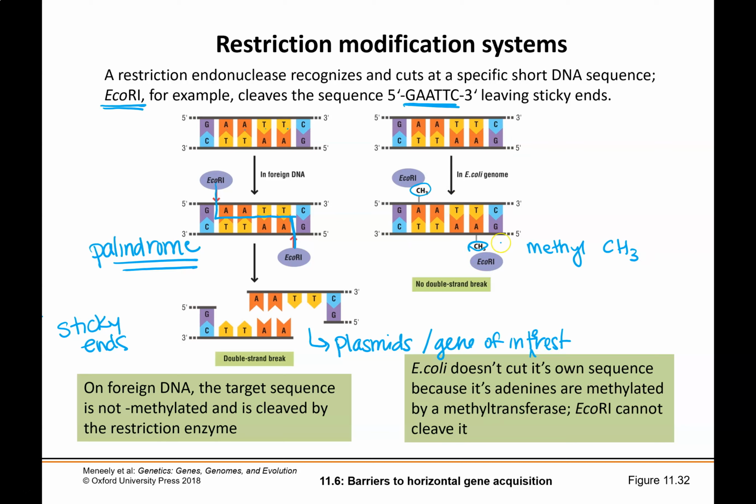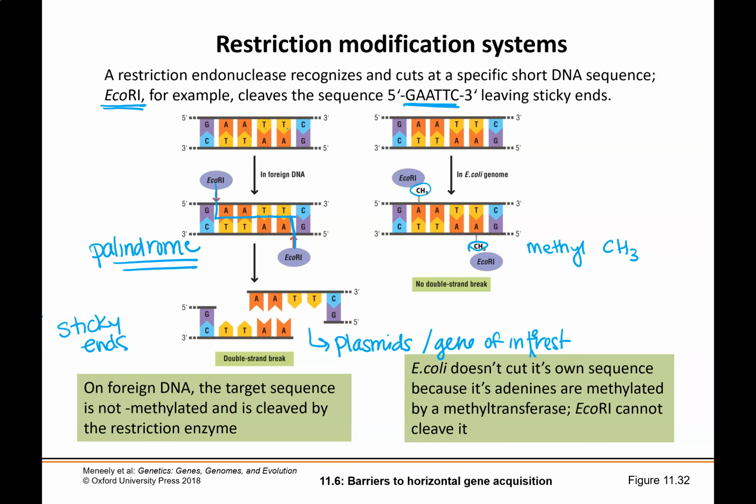So if EcoR1 finds this sequence GAATTC, but it's methylated because it's in its own system, it won't cut at that spot. So it acts as a way to deter EcoR1 from cutting up its own genome. Essentially, this methylation protects the bacterium from cutting up its own genome.